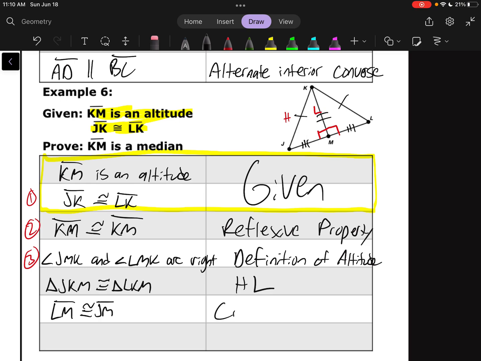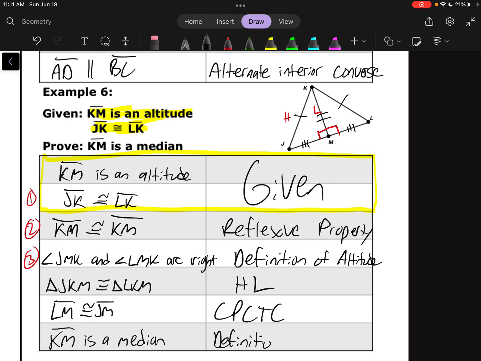Why? Because CPCTC. We just showed that those triangles are congruent, which means that all of their corresponding parts, even the parts that aren't marked, can be marked. So JM is congruent to LM because CPCTC, and that shows us that KM is a median because it does a median's job. It split that opposite side in half.